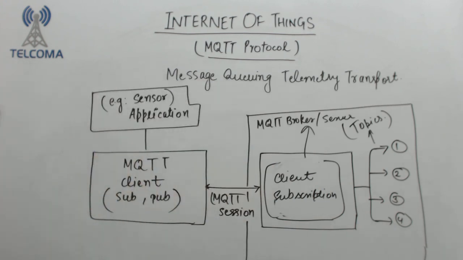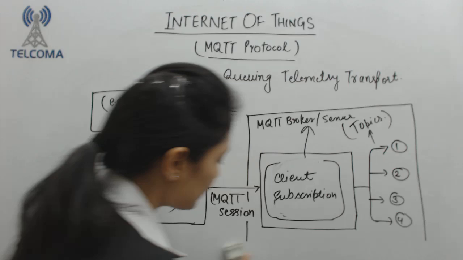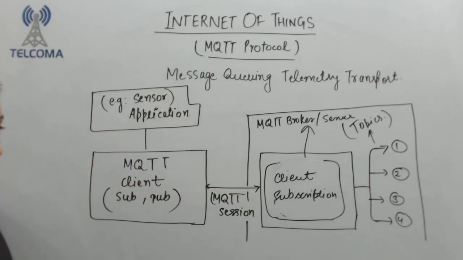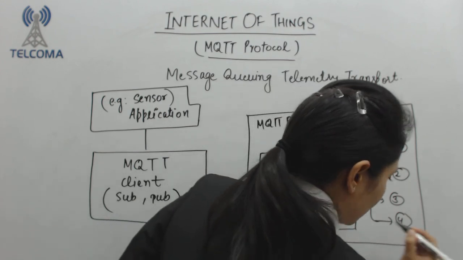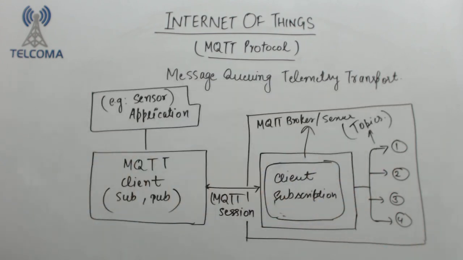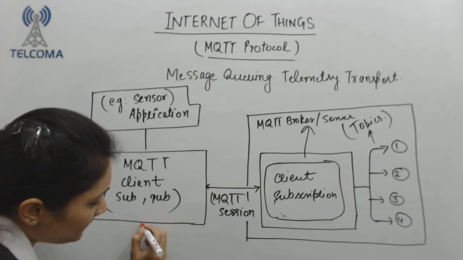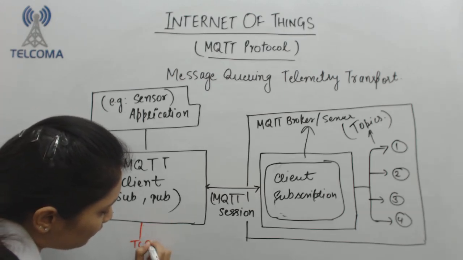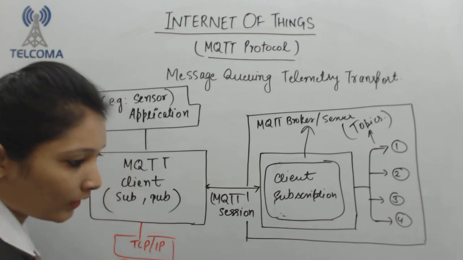subscription. Now we know that this protocol works here with your TCP. So where do I have my TCP network? This is here connected to your TCP IP network like this.